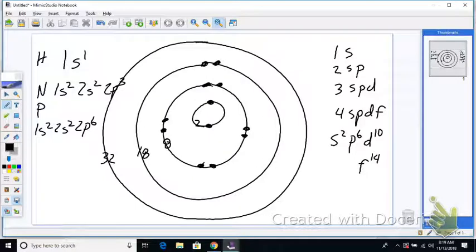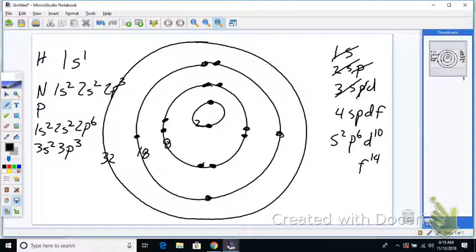So there's the S's. They're paired up. And so it would look just like nitrogen, but 1 level out. So then we'd go 3s2, 3p3. Any questions with that? So we go S, SP, S, and S and P, right?